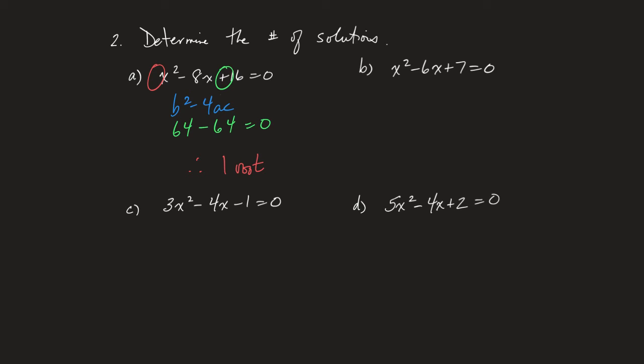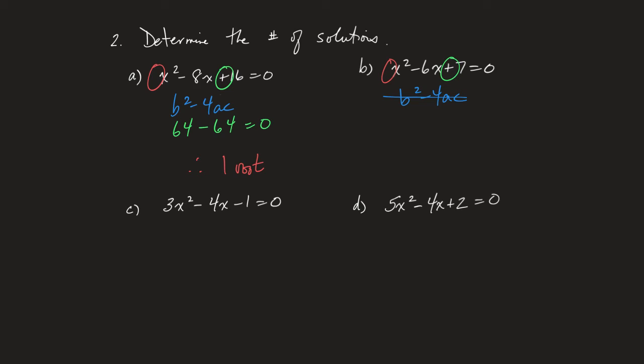Okay, let's take a look at B. My eyes go straight to, yep, it's standard form. I have a positive on the end. In my mind, I can already see that that's not going to factor. So I go to the discriminant. I won't even write that down, I'm just going to use it.